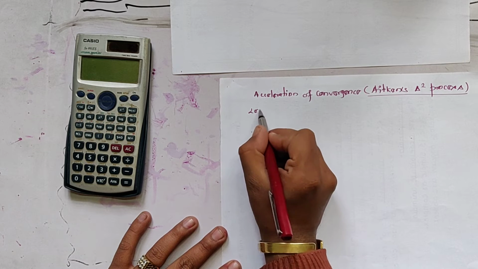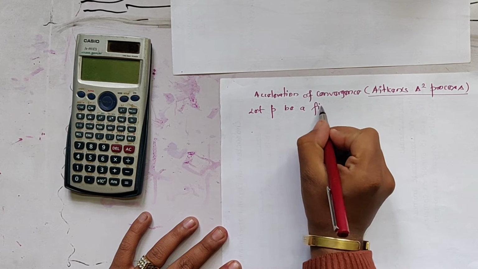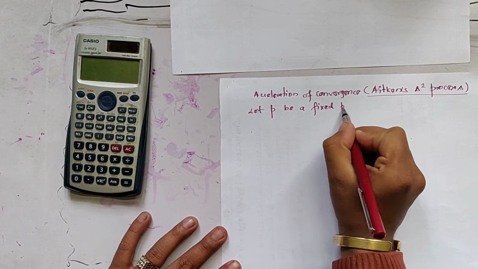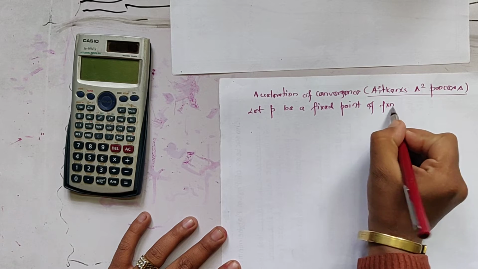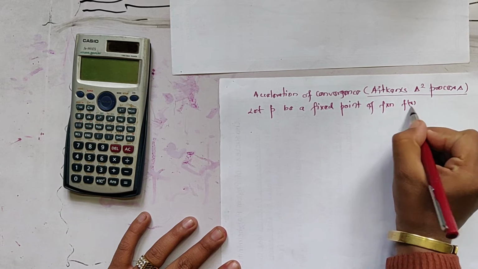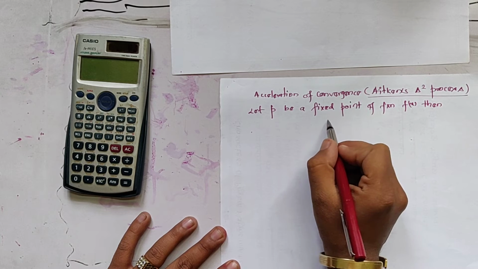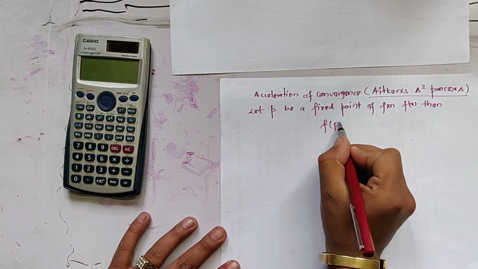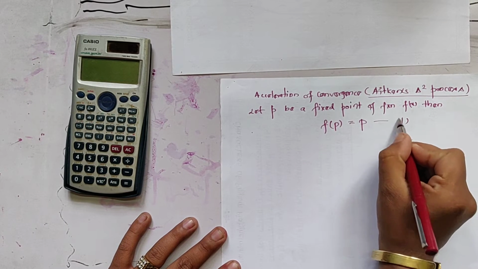Let P be a fixed point of function f(x). Then by fixed point method, f(p) is equal to p. So let it be equation 1.